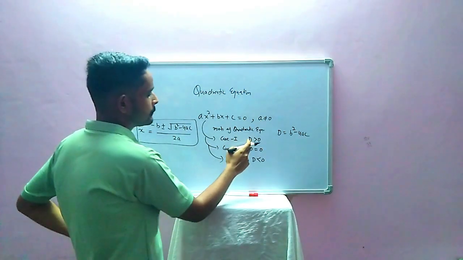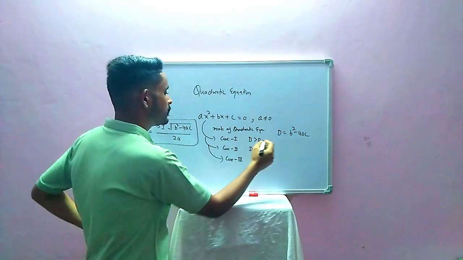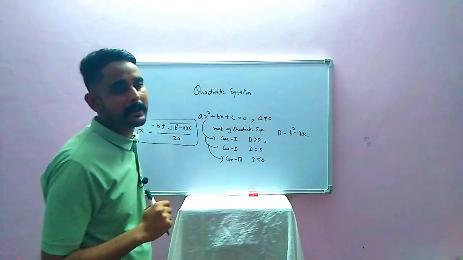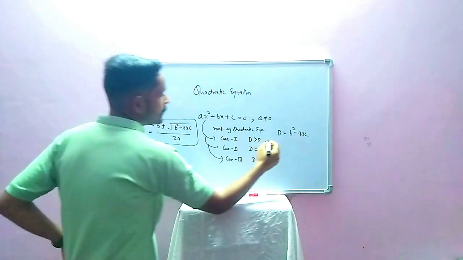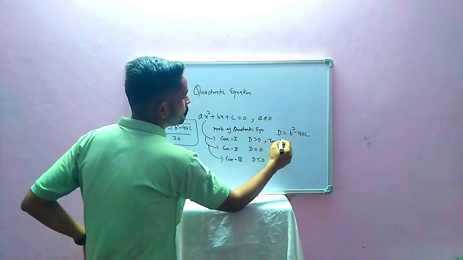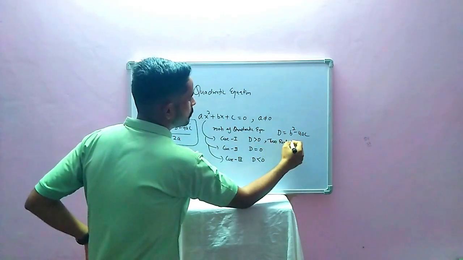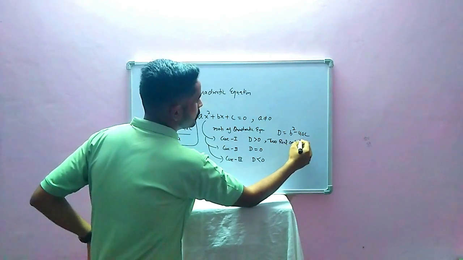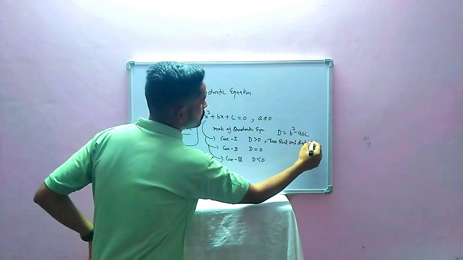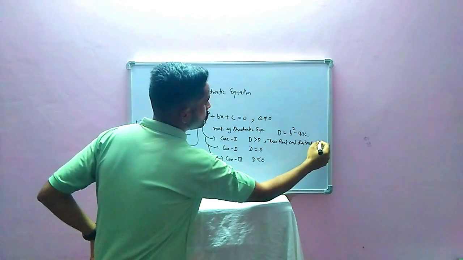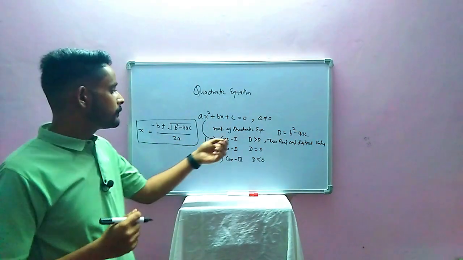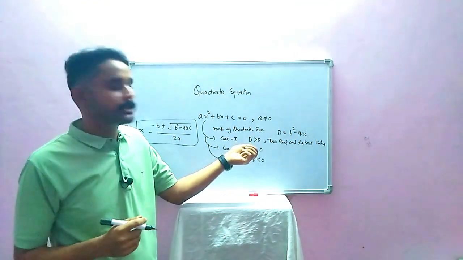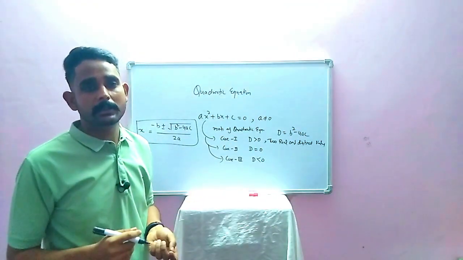In the first case, when d is greater than 0, then two values of x come with real values. Two real and distinct values come.